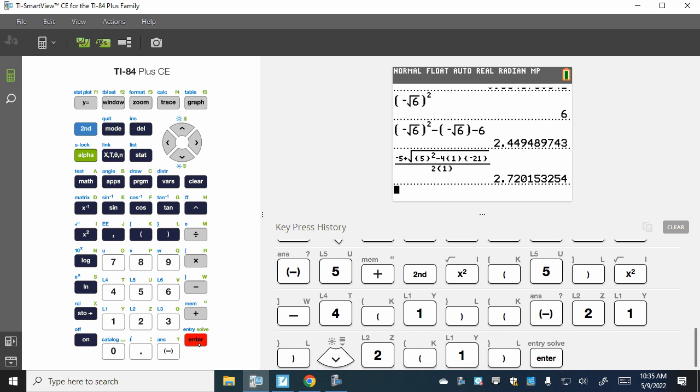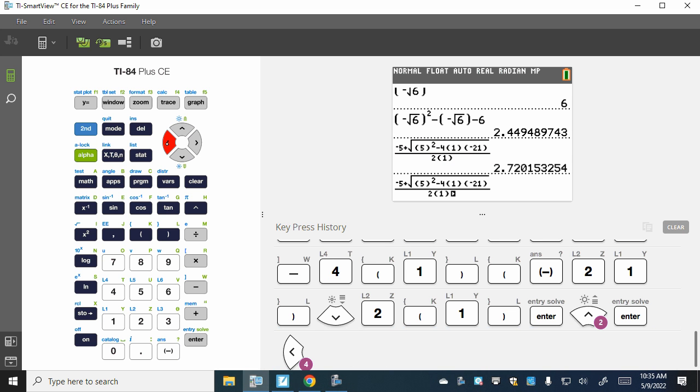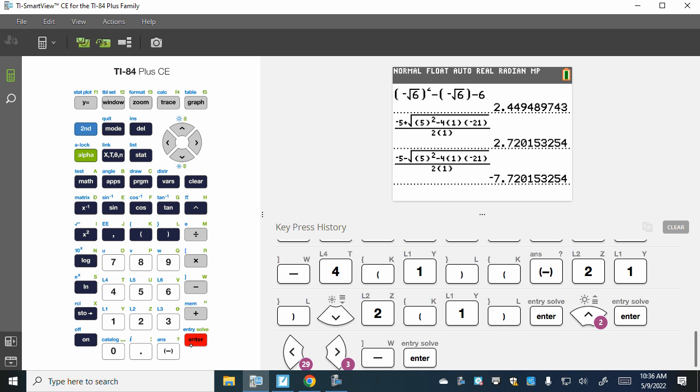So one of our answers is 2.72015 going on. Now the other one, so we can go up here and I'm going to select it again. I change it from plus to minus, and we get negative 7.72015.